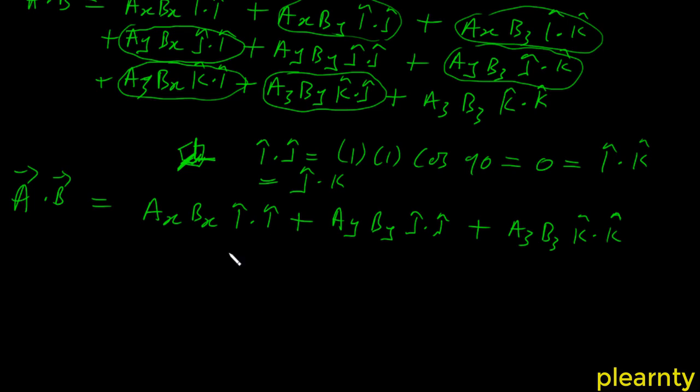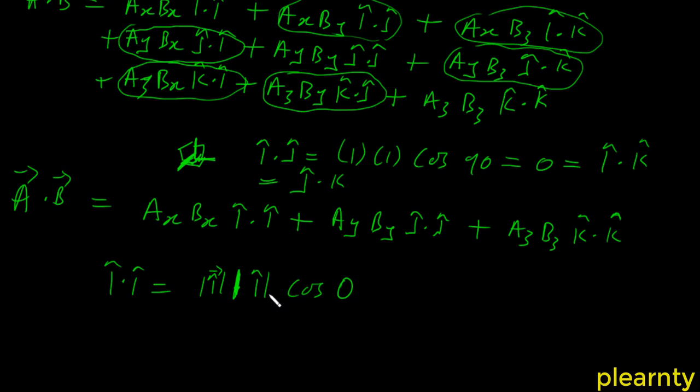Now this also we can simplify. How? i dot i means that both are in the same direction, same as j dot j, same as k dot k. So i dot i is the same as saying the magnitude of i multiplied by the magnitude of i again, cos 0, and cos 0 is 1.